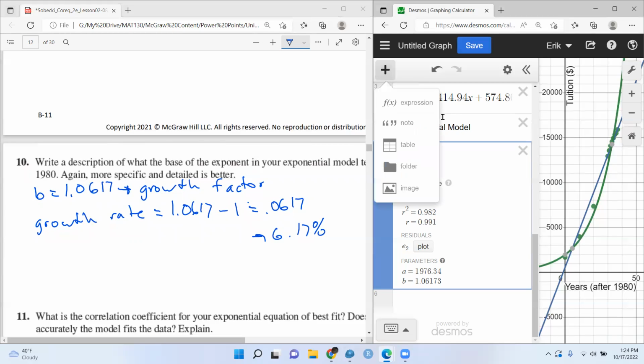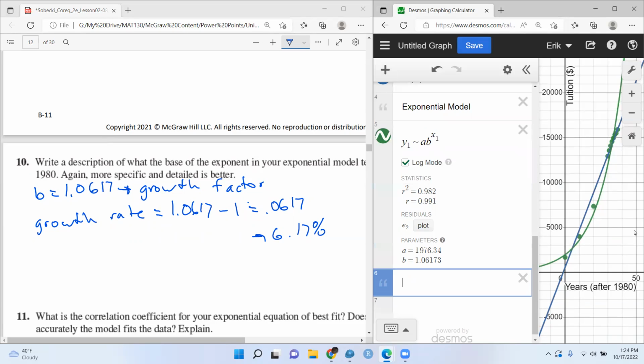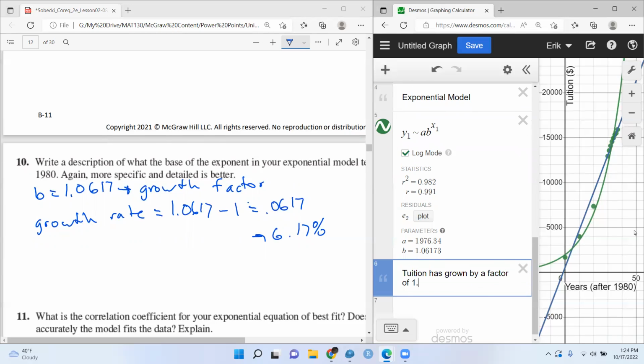So how we would interpret this, there's two ways. One way we can say is tuition has grown by a factor of 1.0617 per year since 1980.